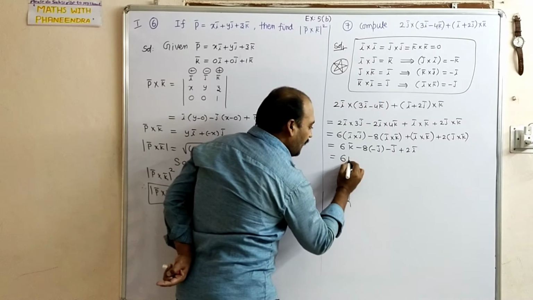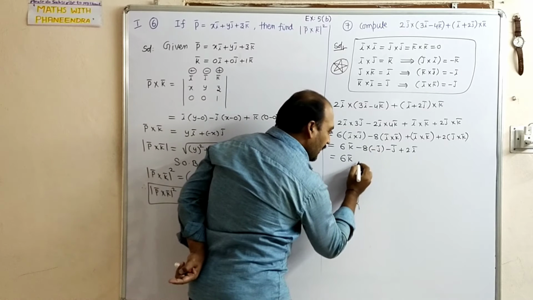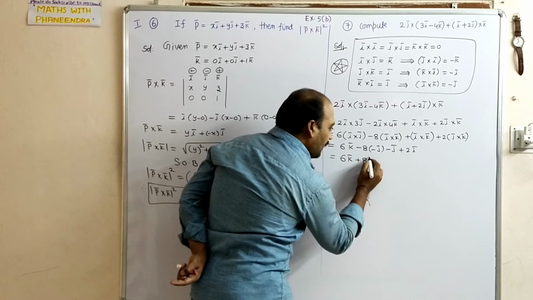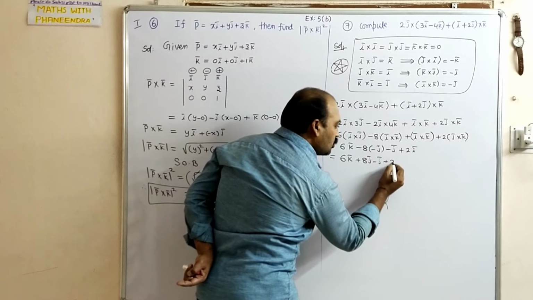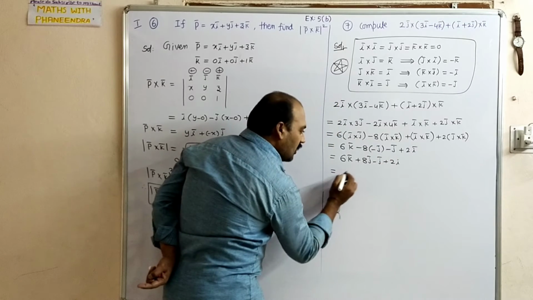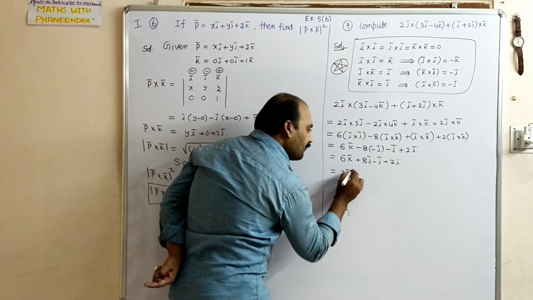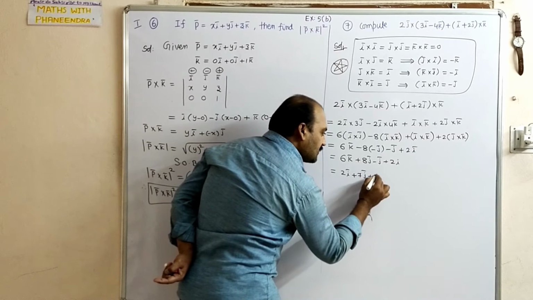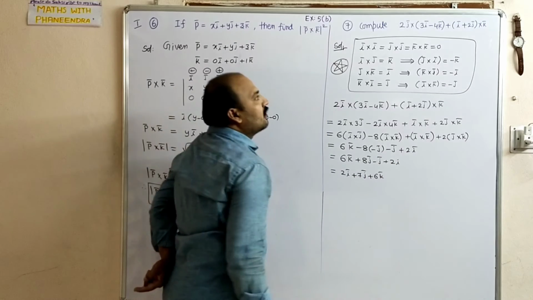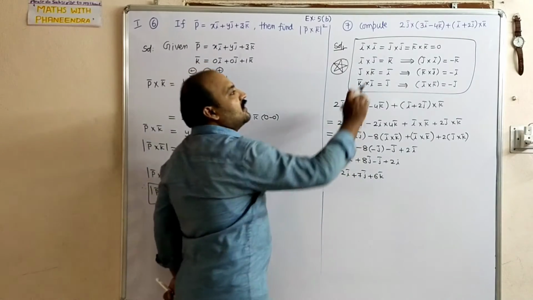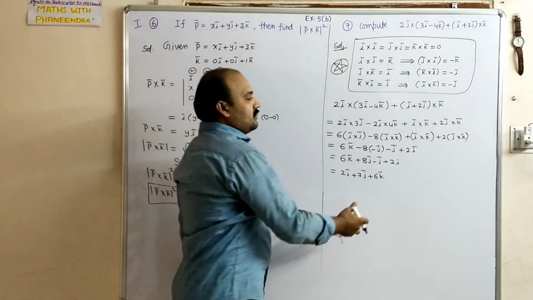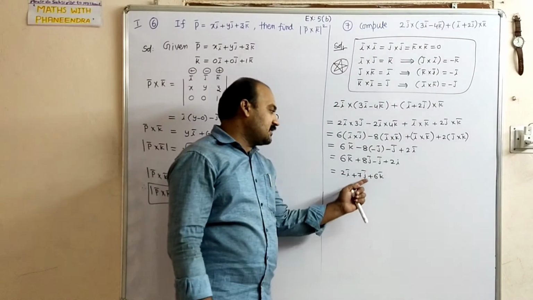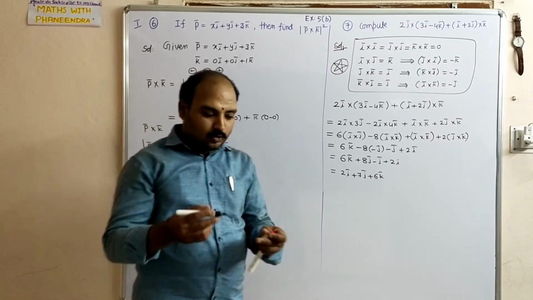So 6k, minus into minus is plus 8j, minus j plus 2i. Write in the order: 2i plus 7j plus 6k. This given vector we simplified as 2i plus 7j plus 6k. We will move to the next question now.